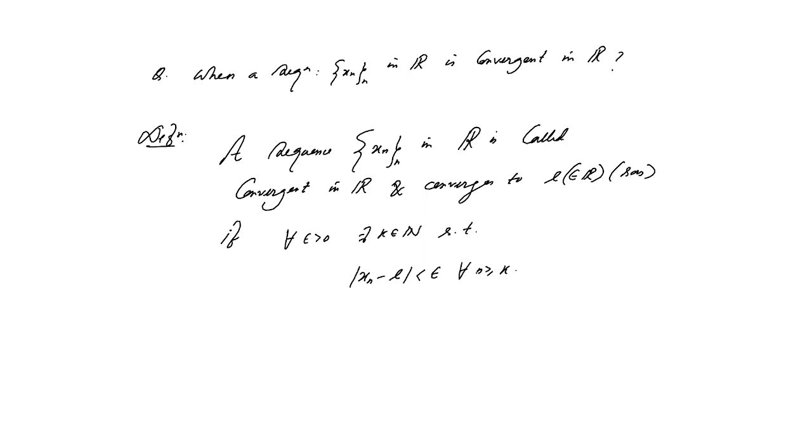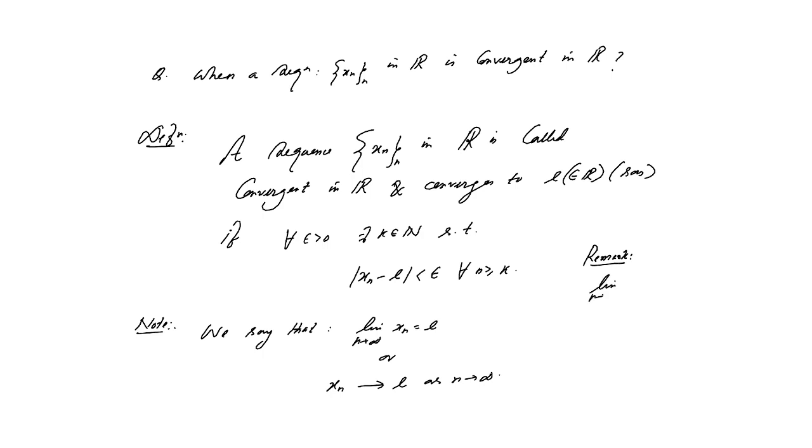So this is the definition of convergence, and here we say that limit n tending to infinity xn equals L, or in some books it is written as xn converges to L as n tending to infinity. So here the remark is, what is the meaning of limit n tending to infinity xn equals L, where L belongs to real number?